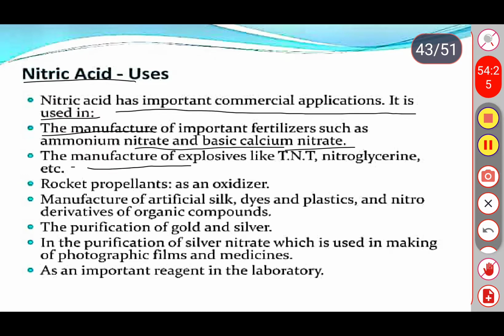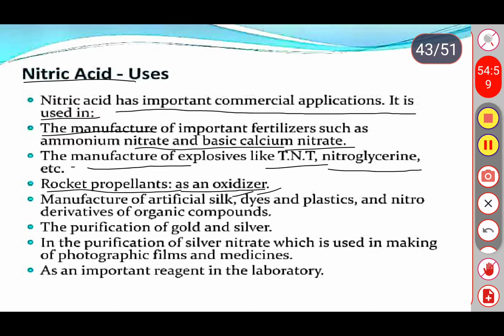And the third use of the acid is in rocket propellants, where nitric acid is used as an oxidizer. Also in the manufacturing of artificial silk, dyes and plastics, and nitro derivatives of organic compounds. The next one is the purification of gold and silver.